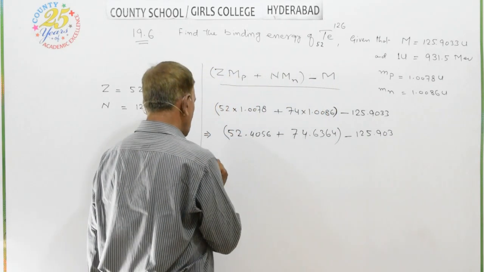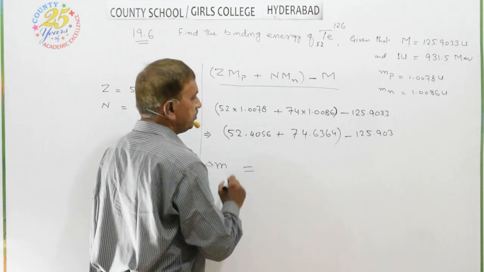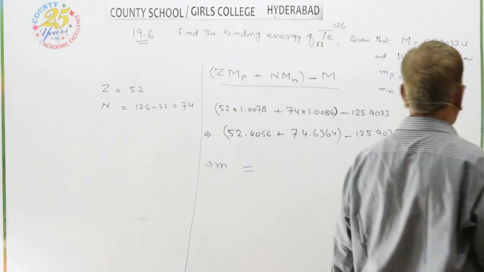So that is the total mass defect of the element tellurium.